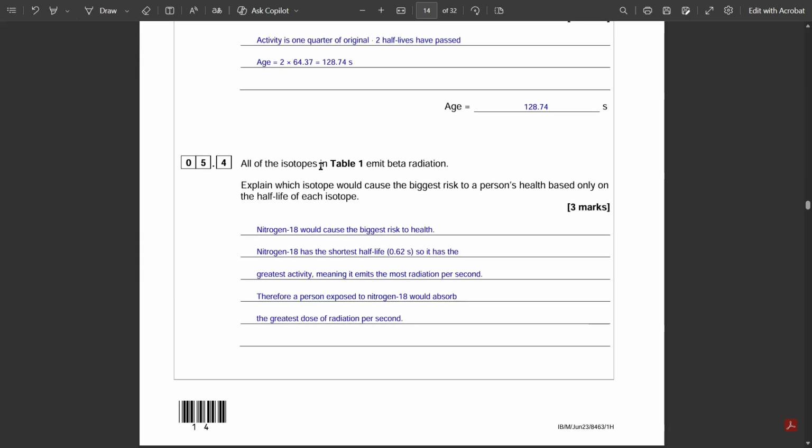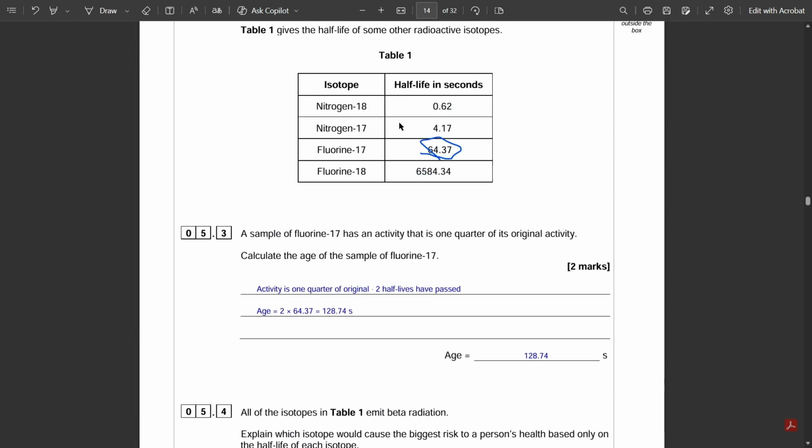And then moving on to 7.4, all of the isotopes in table 1 emit beta radiation. Explain which isotope would cause the biggest risk to a person's health based only on the half-life of each isotope. Well, we're looking at the half-lives. Nitrogen-18 has the shortest one, which means it's decaying the fastest, and is therefore also emitting radiation the fastest.